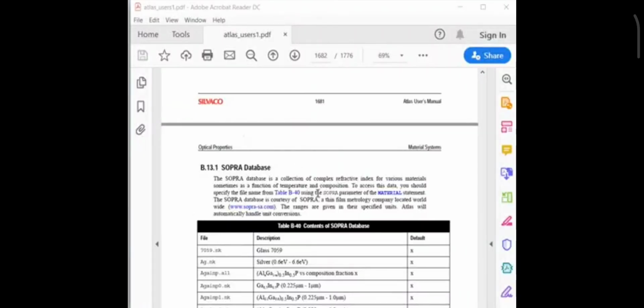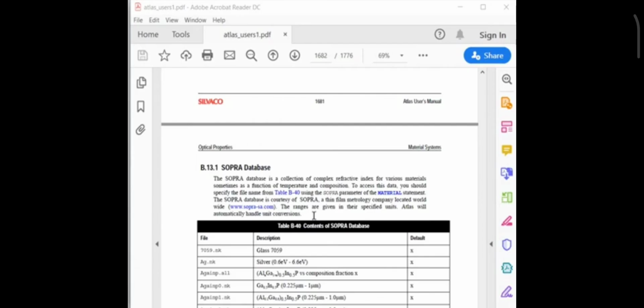This is the Atlas manual. This is the SOPRA database. The SOPRA database is a collection of complex refractive indices of various materials, sometimes as a function of temperature and wavelength. To access this data, you should specify the file name from the table. You can use any file name from the table with the SOPRA parameter in the material statement.